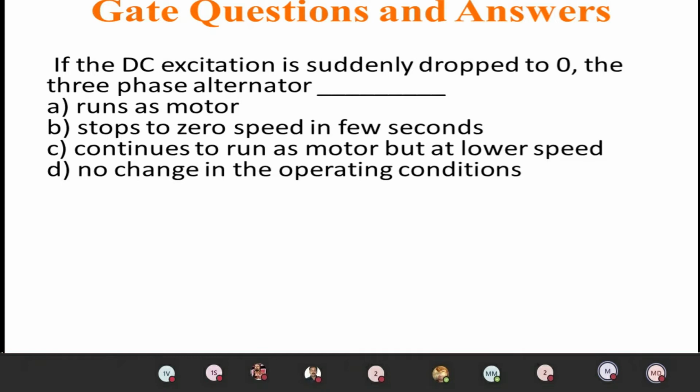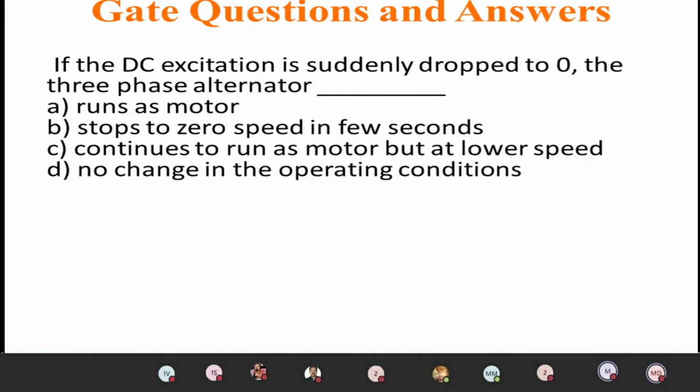Once the load angle increases up to 90 degrees, and it goes over 90 degrees, it suddenly loses synchronous speed and comes to rest. But here, the excitation is dropped to 0.